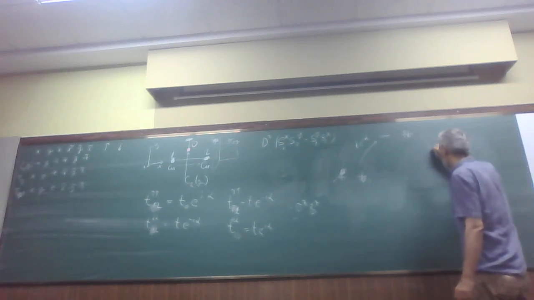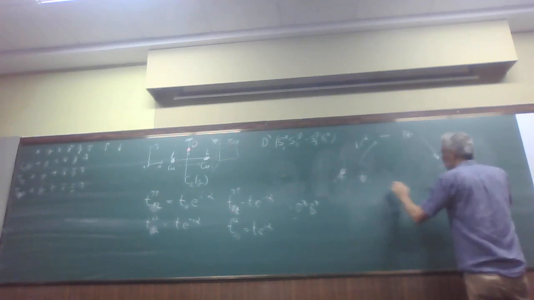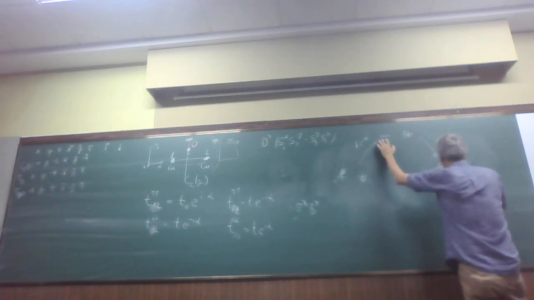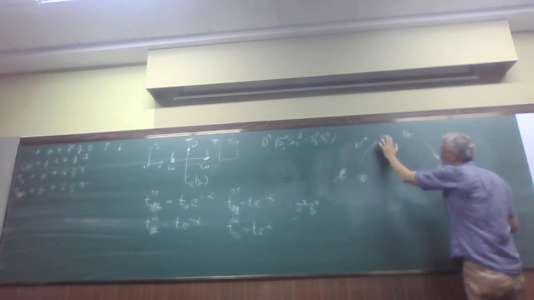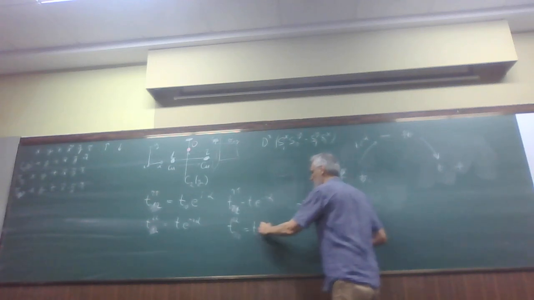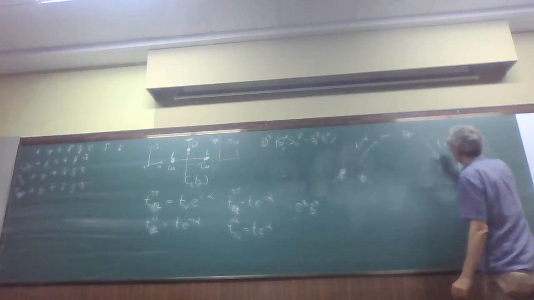Then I have a choice to continue and exchange the two spins. So the down spin can move here. If the down spin is moving from 2 to 1, it has the same i alpha, so there will be a T e to the i alpha here. Okay, good.